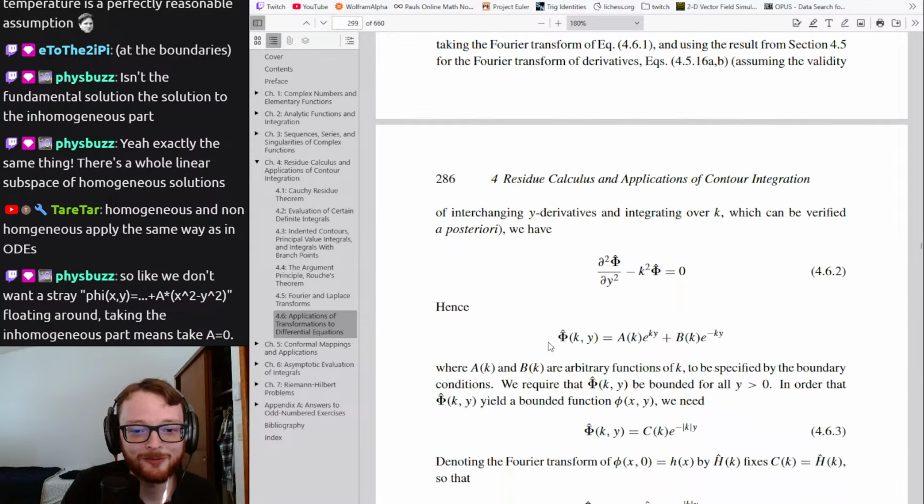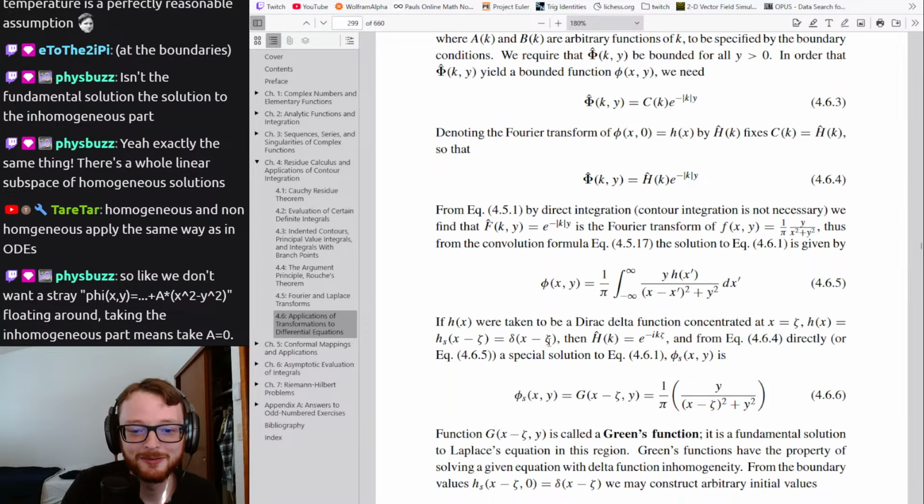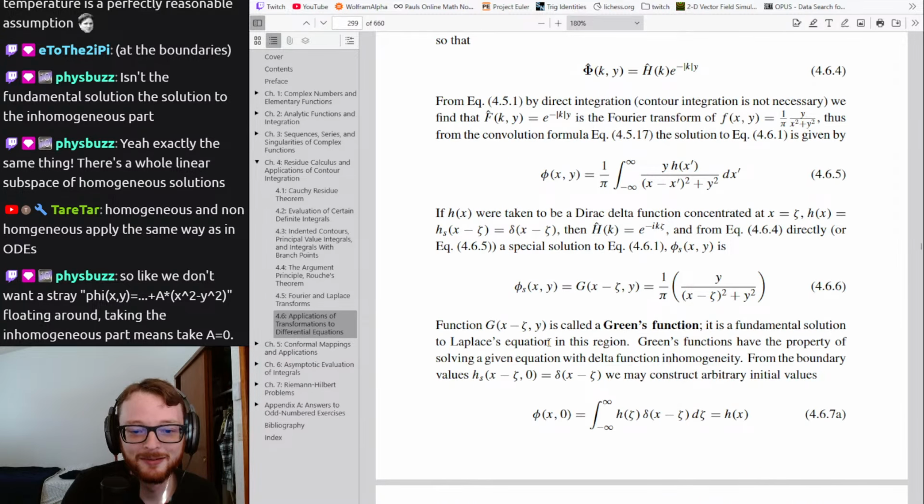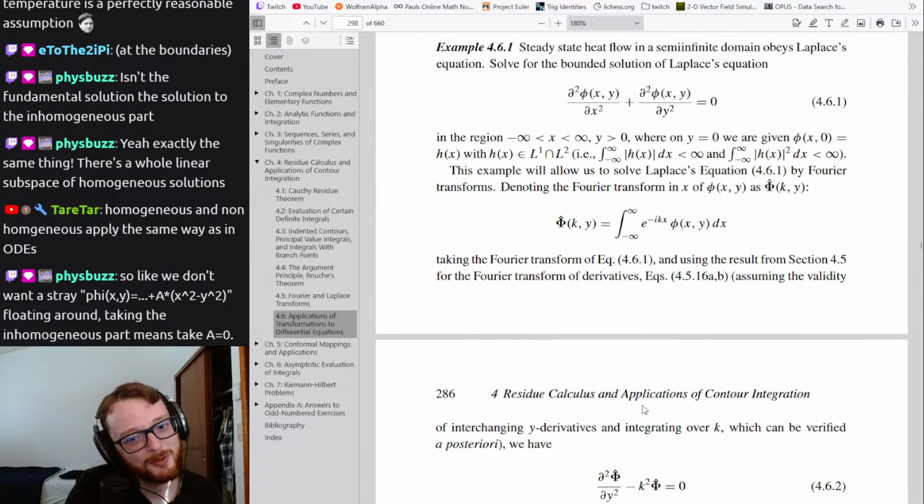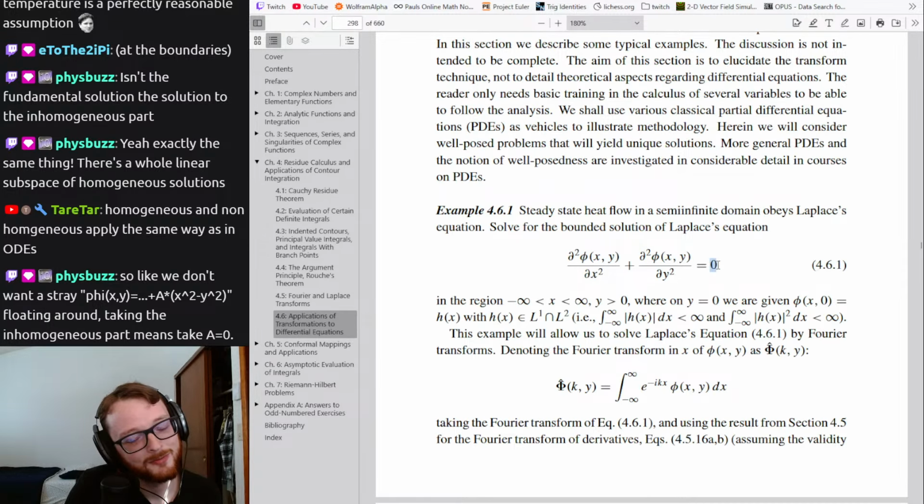That's confusing phrasing to me, but... So then, does this sentence mean... if the 0 was instead the Dirac delta function, it would also solve that?